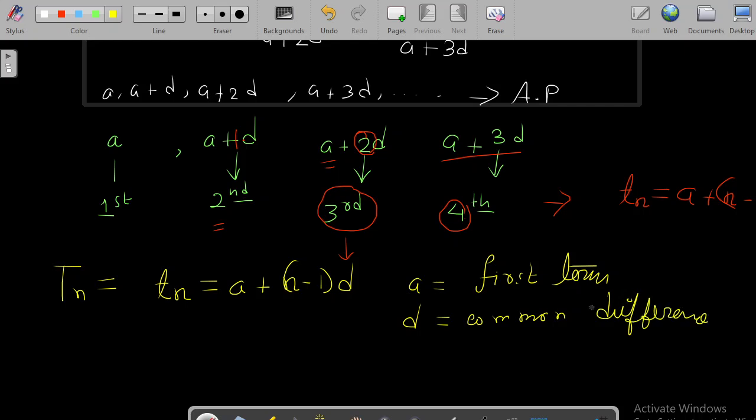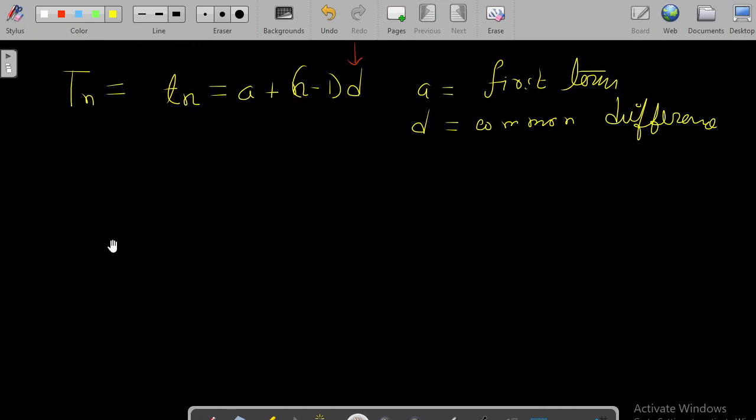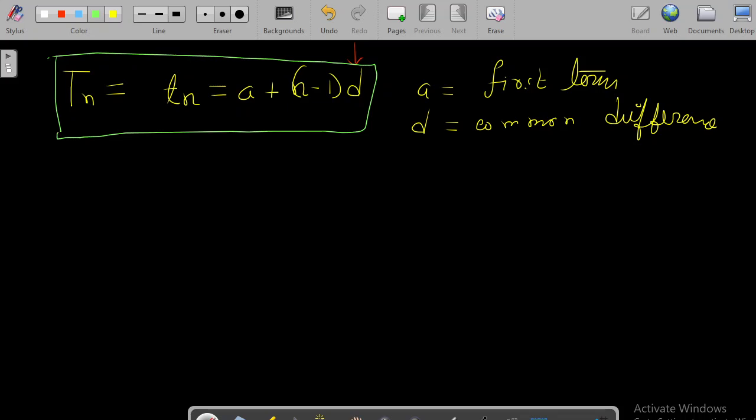Okay. Now we will see further. Now we will see the sum of an AP up to a certain term. This is the first formula you should remember. The sum of the first n terms of an AP is of the form n by 2 into 2a plus n minus 1 into d.